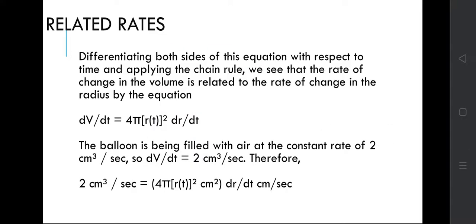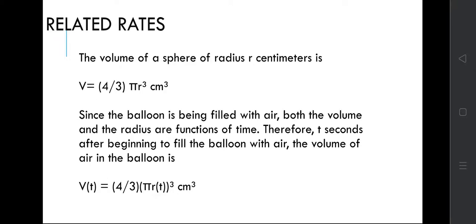Differentiating both sides of the equation kasi alam na natin yung formula ng volume ng sphere. May nakalimutan pa tayong slide, so i-recall muna natin ang volume ng sphere with radius r is equal to V is equal to 4 thirds pi r cubed centimeter cube, given na to by universal truth.